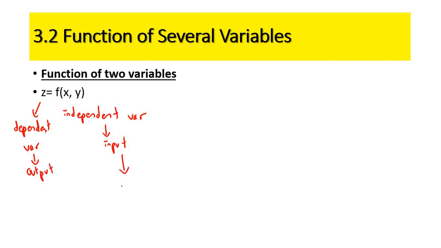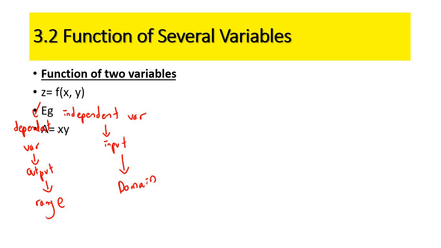The input is our domain. The output is the range. So for a function of two variables, the domain will be the x, y values, and the range will be your z value.